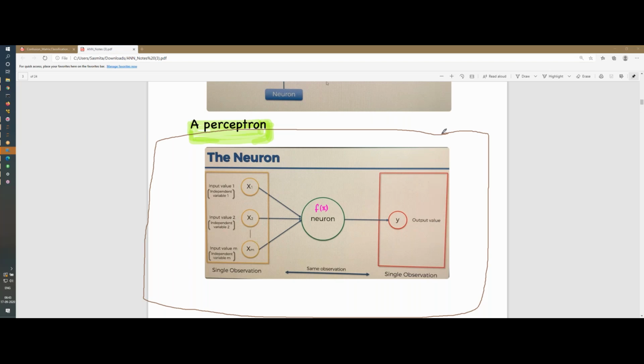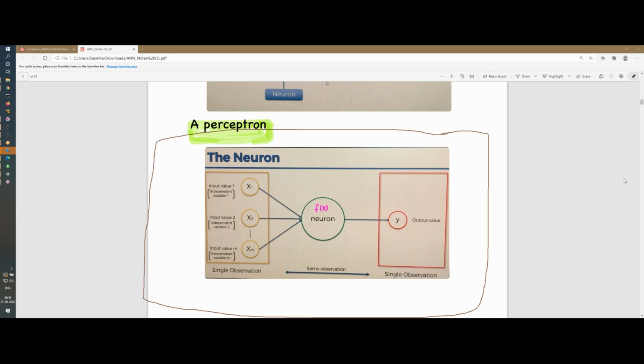Okay, so we'll discuss one by one. The first thing that we will discuss is how exactly a perceptron looks. What is the architecture of a perceptron? The architecture of a perceptron is very similar to the architecture of a human neuron.